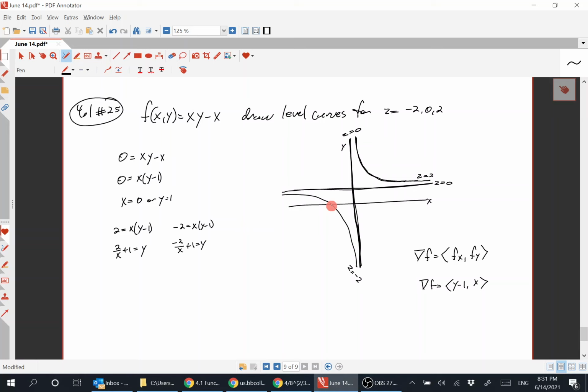So at this point here, at negative 2, 0, we get what? So at negative 2, 0, you get negative 1, negative 2. All right, so that's the gradient vector, negative 1, negative 2, at that one point there. The gradient is always perpendicular to the level curves. Okay, that was always an important point.